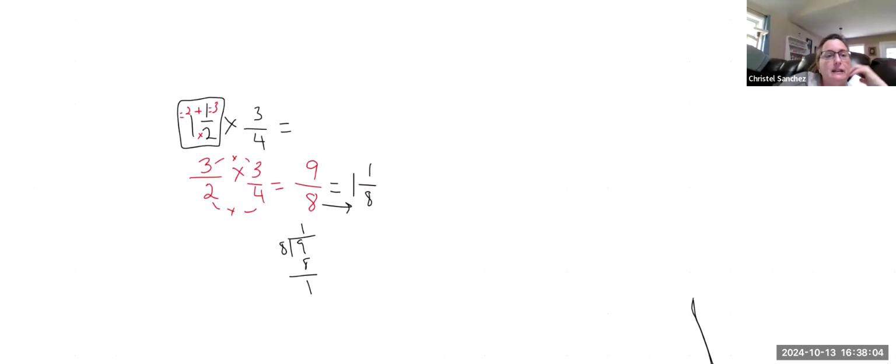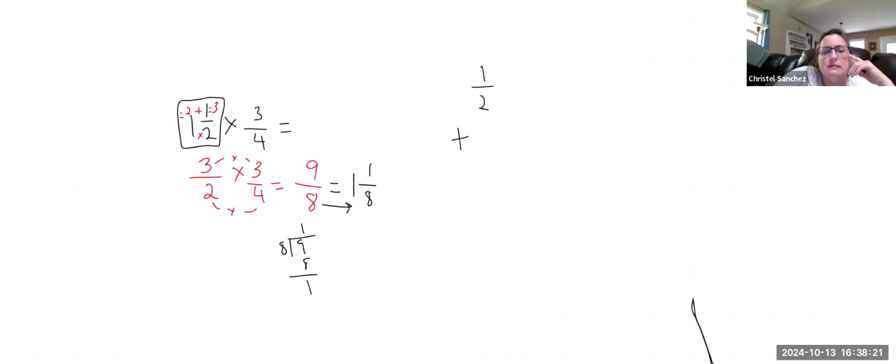So, adding and subtraction. When we're adding and subtracting fractions, we've got to make sure that they have the same denominator, okay? So 1/2 plus 1/2. Since our denominators, which are our bottom numbers, are the same, all we have to do is add. 1 plus 1 is 2, and the denominators you just carry down.